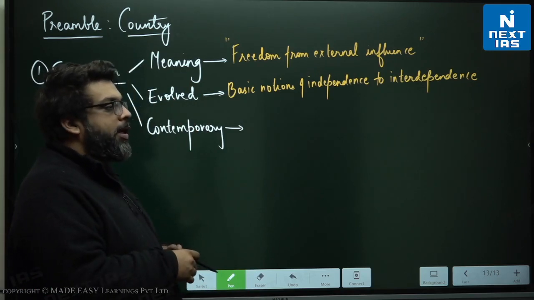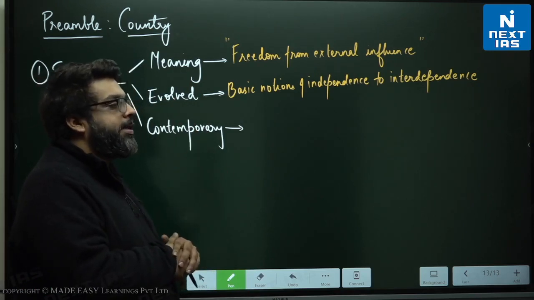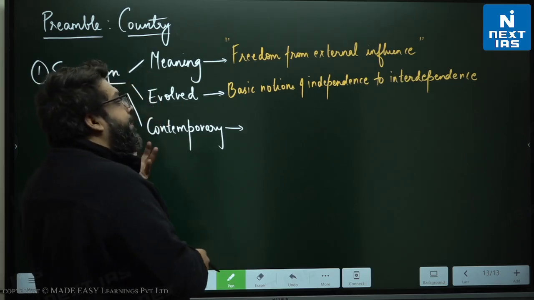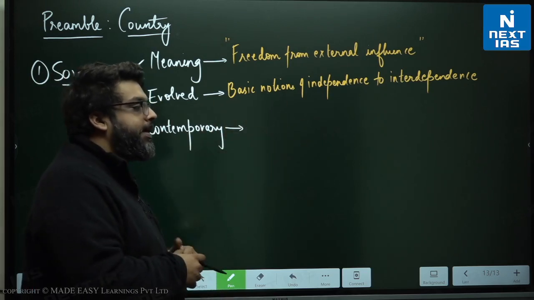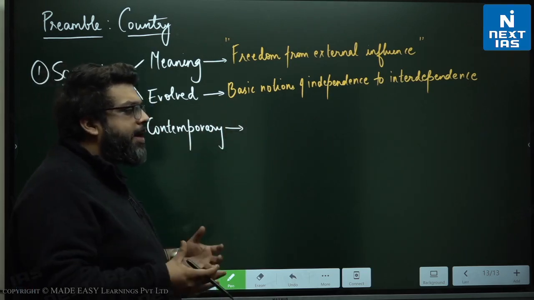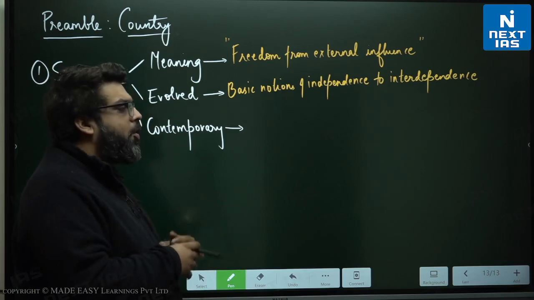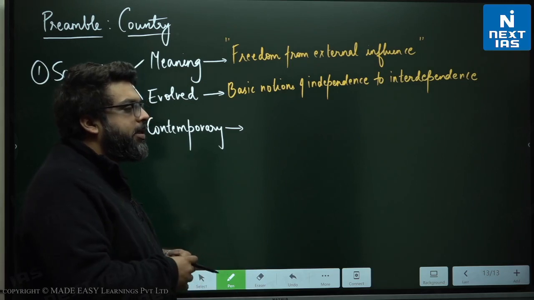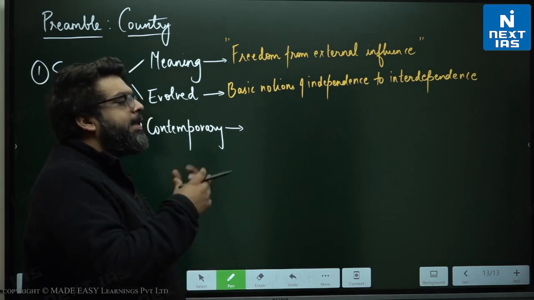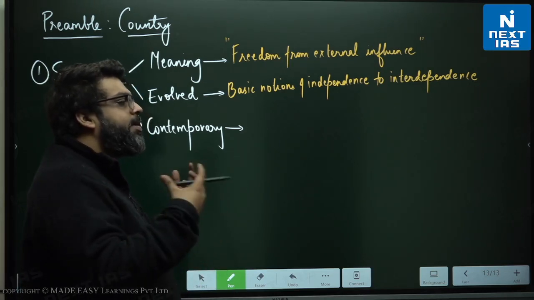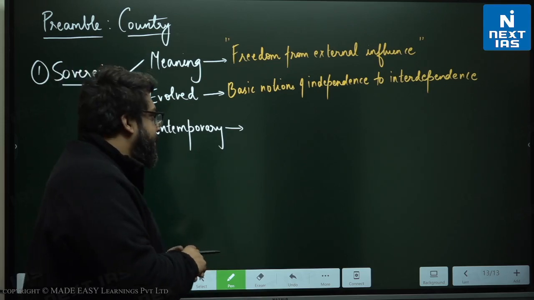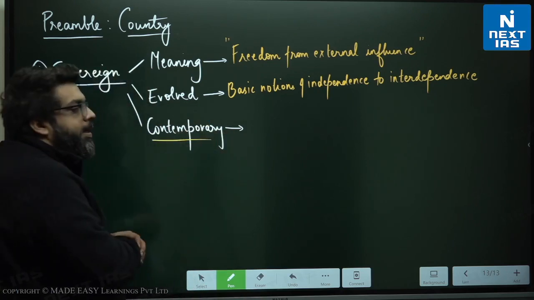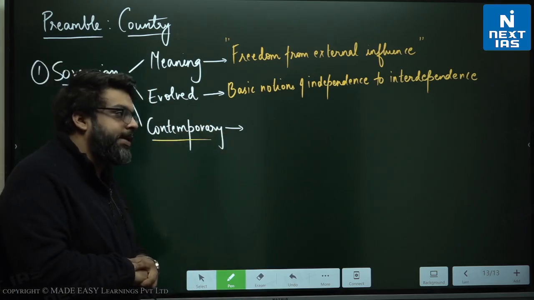So the notions of sovereignty today have a very different meaning, from independence to interdependence, whether it is environment, resources, human rights, trade, agriculture, piracy or technology. That is why we must understand the contemporary notions of sovereignty.